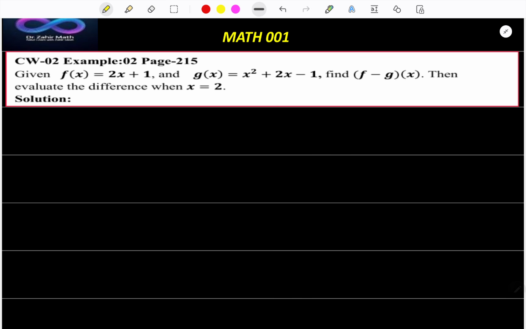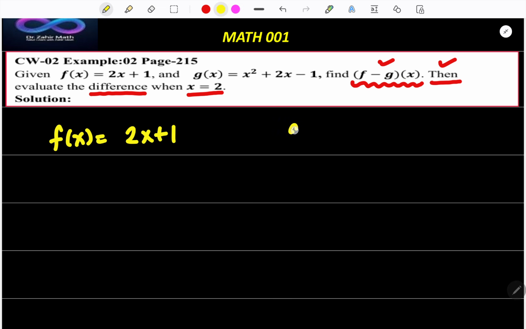Given f of x and g of x. Now they ask you to calculate f minus g of x. Then evaluate the difference. Listen to the word. Difference is f minus g, when x is equal to 2. Right. So f of x is 2x plus 1. And g of x equals x square plus 2x minus 1.